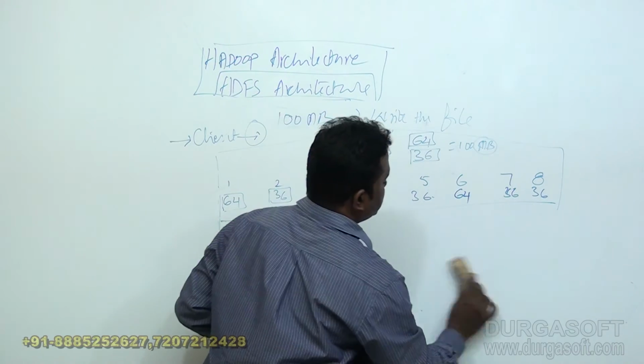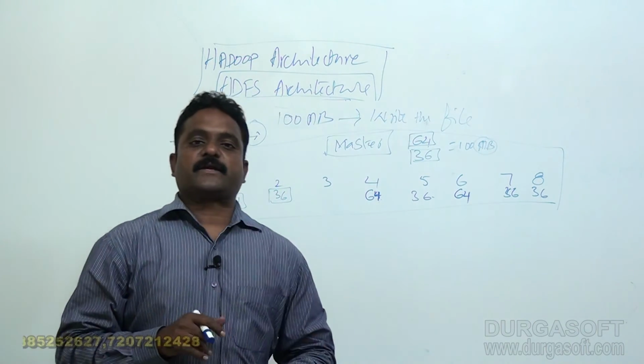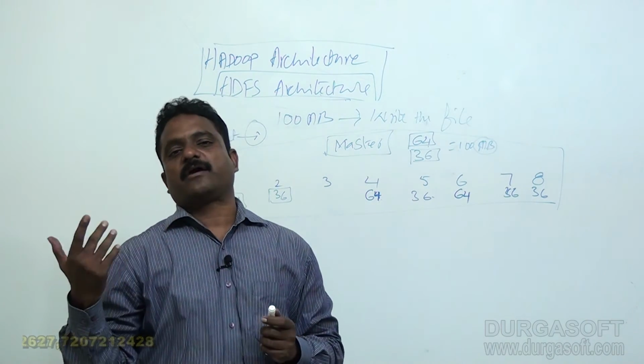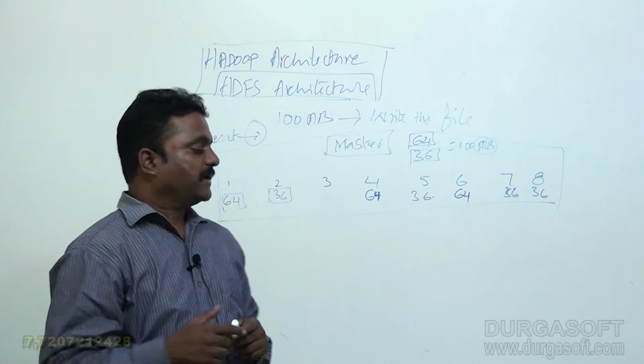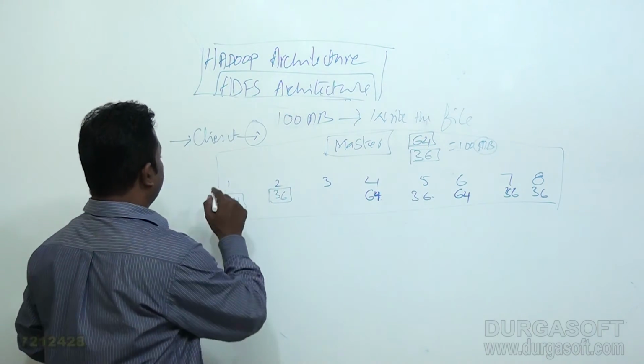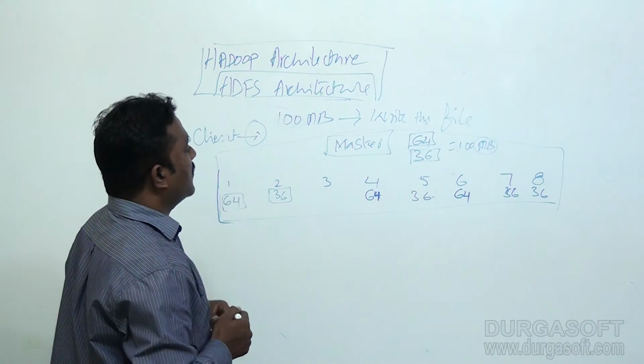Replications cannot be done on the same system, because to avoid data loss you always have the replicated copy on a different rack or a different data center. This is what happens when you write the data on a cluster.